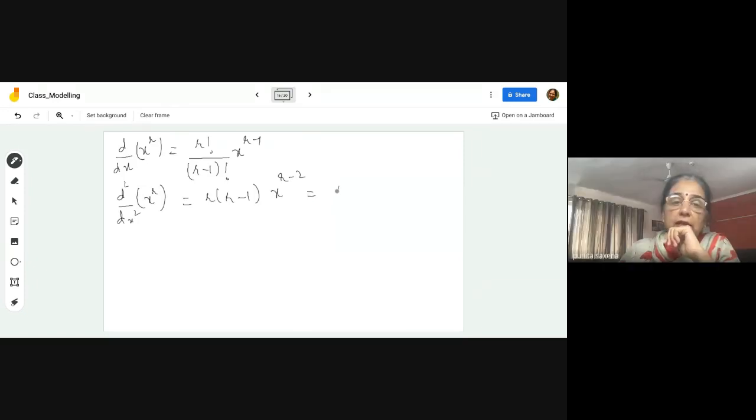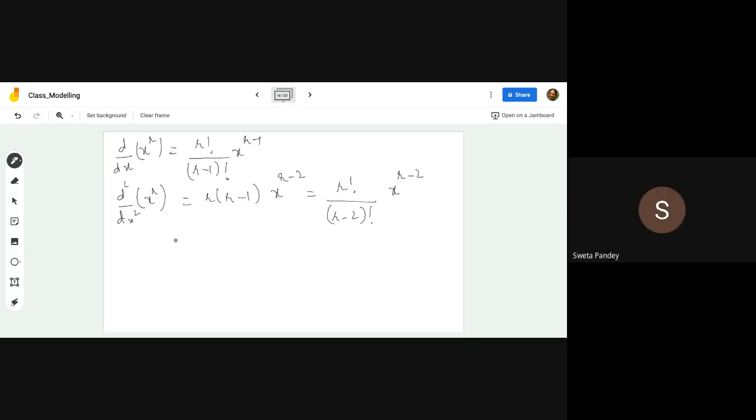Which I can write as r factorial upon r minus 2 factorial into x to the power r minus 2. Is it okay or not? Yes, ma'am.